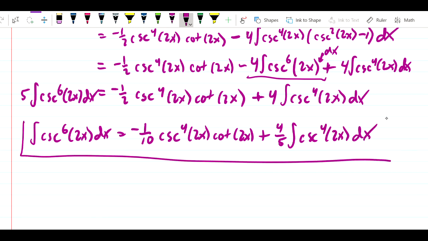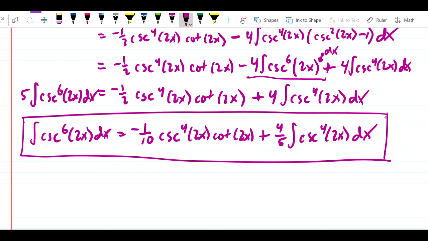And that is the integral of cosecant to the 6th 2x rewritten in terms of the integral of cosecant to the 4th 2x. And by the way, of course, for reasons that have been explained in the lecture, you do not need a plus c at the end of this, because the indefinite integral here already includes its own plus c.